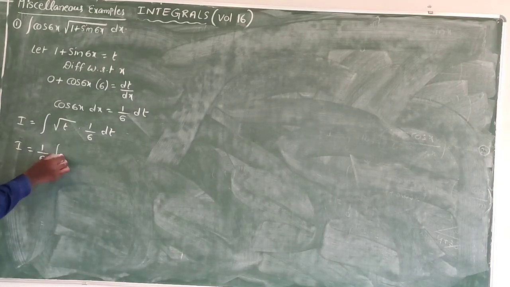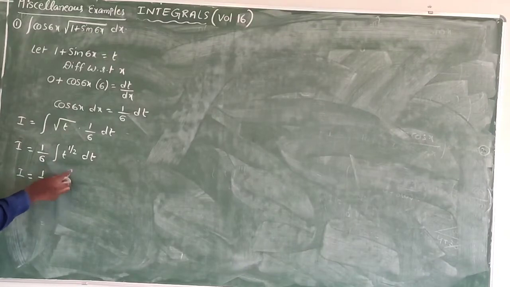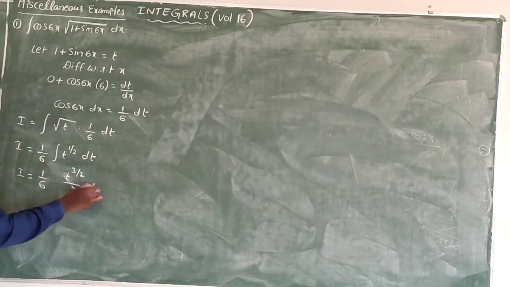Then what remains is root, meaning t power 1 by 2 dt. It is in the form of x power n. The integration of x power n is x power n plus 1 by n plus 1. So I equals 1 by 6 into t power 3 by 2 by 3 by 2 plus c.